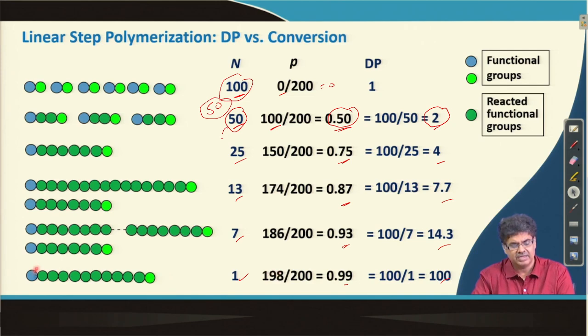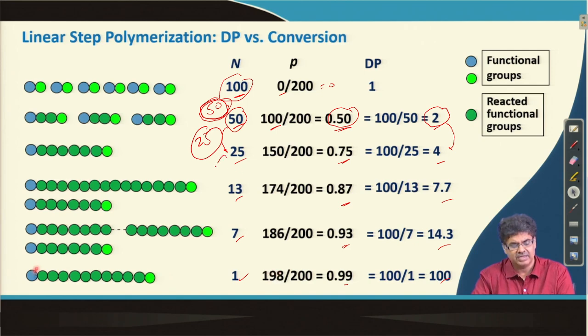After that, from here to here only 25 molecules are reacted, but degree of polymerization increases to 4. So here also it is double, but in the first step 50 molecules needed to react to double the degree of polymerization, 1 to 2, but here only 25 molecules are needed to double it, 2 to 4.